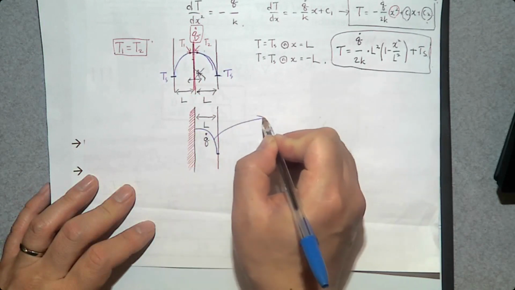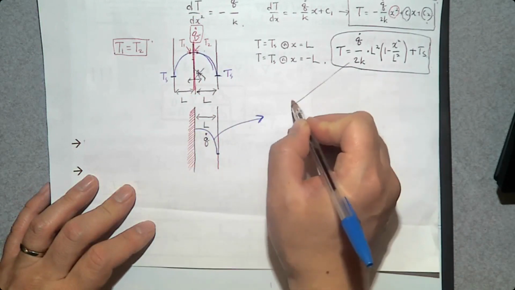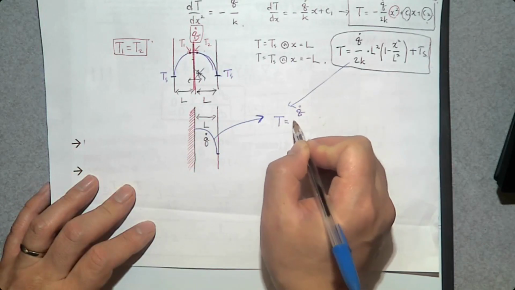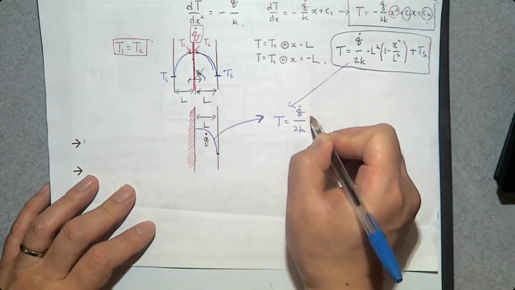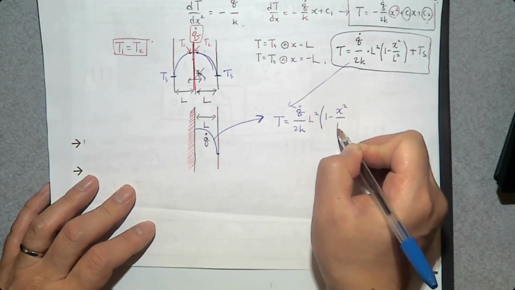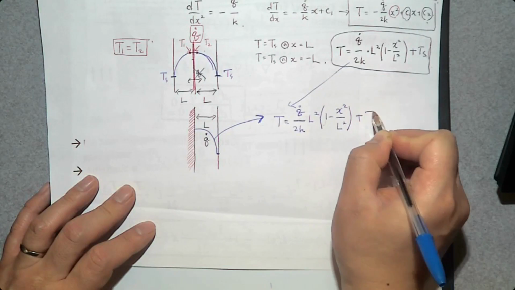And this temperature distribution function is T equals q dot over 2 times k times L squared, times 1 minus x squared over L squared, plus Ts.